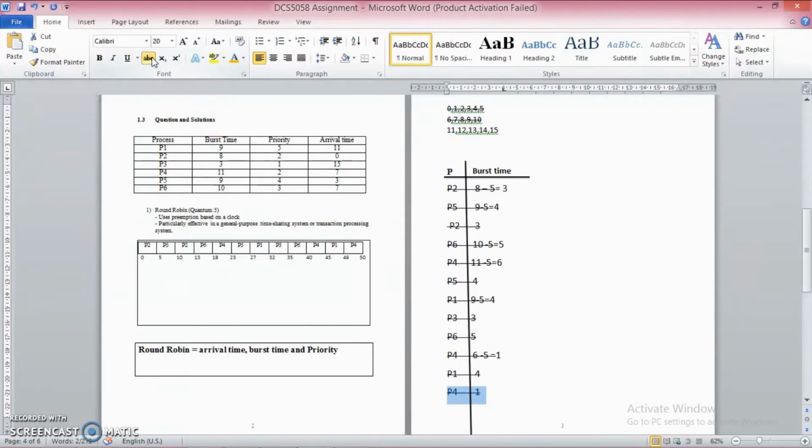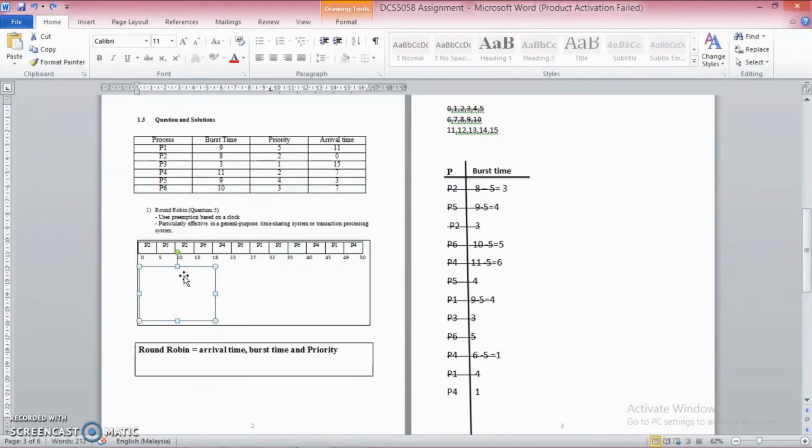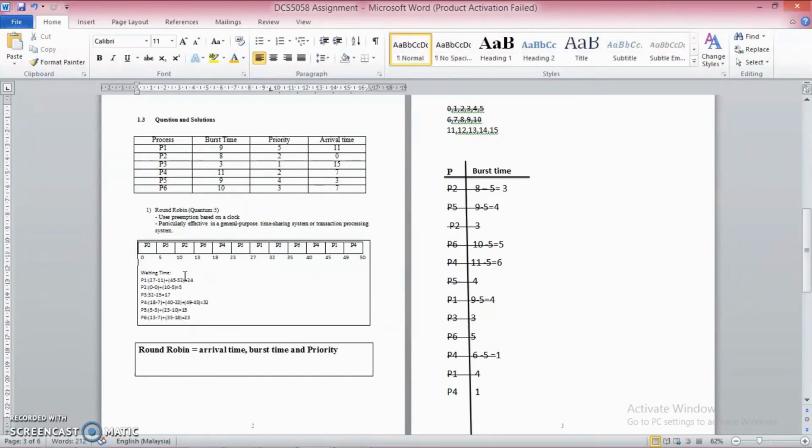And now we are already done with the Gantt chart, and next we go for the waiting time. So now P1. The first P1 starting time is 27, but the arrival time is 11, so you have to minus the arrival time.